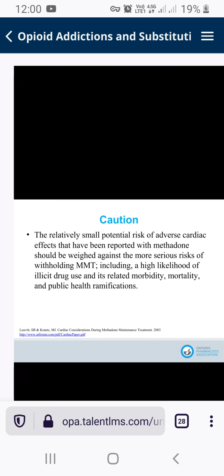But if we cut down and they tell us that they're having cravings or they start to use illicit drugs again, then it probably is worthwhile to accept the risk with informed consent to re-raise their methadone levels back to a level where they won't be thinking and craving and using other drugs. So I do want to throw in that caution there to balance this presentation.